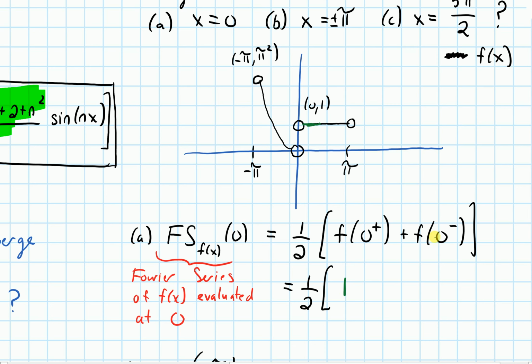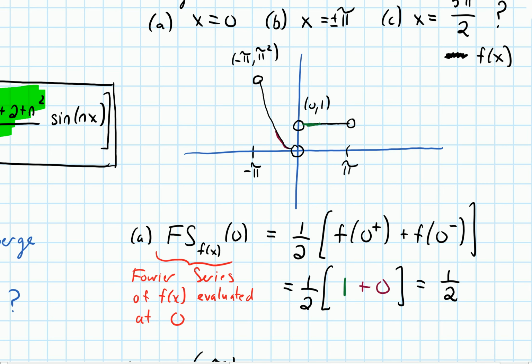What about as you approach 0 from the left? That is this part of the graph, and the y values there get closer and closer to 0. So this ends up being just 1/2. When x equals 0, the y value that the Fourier series converges to is 1/2.